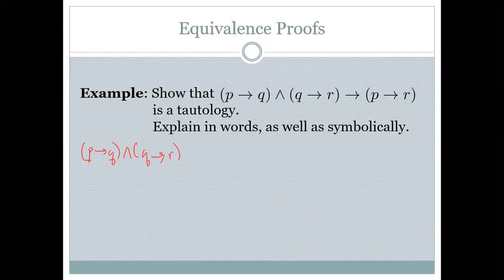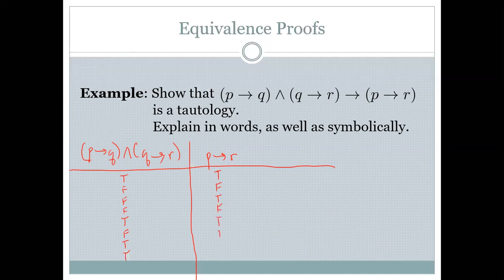What were the truth table values for that? Does somebody have those written down? True, false, false, false. Okay, we had this from before, okay? And then what about P implies R? True, false, true, false, true, true, true, true. Okay?